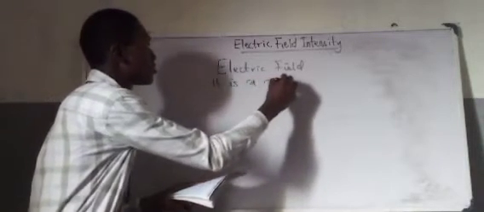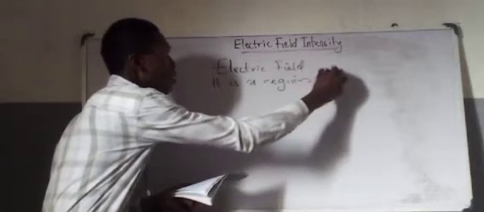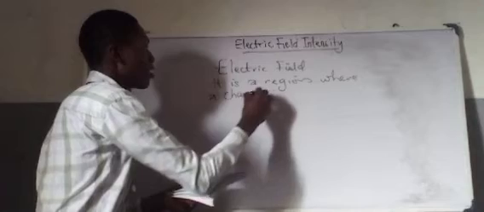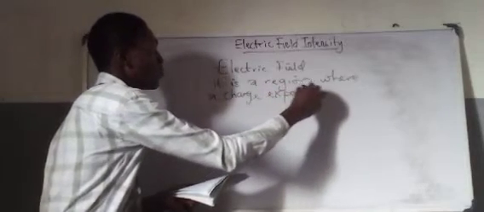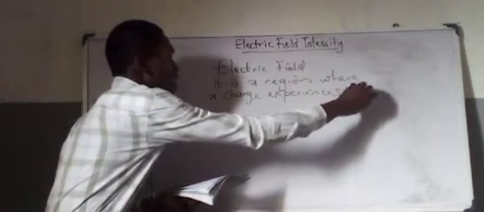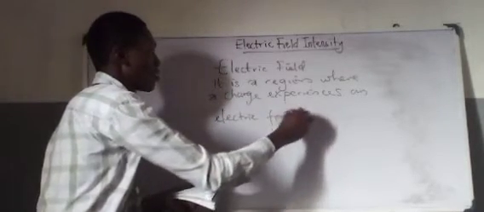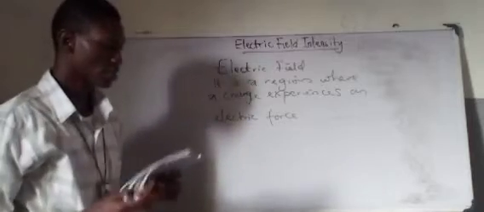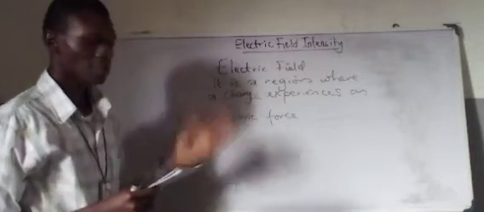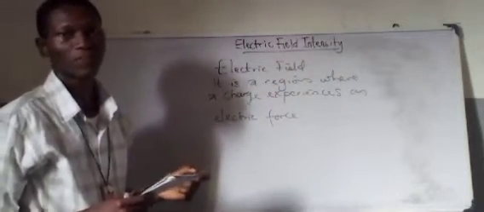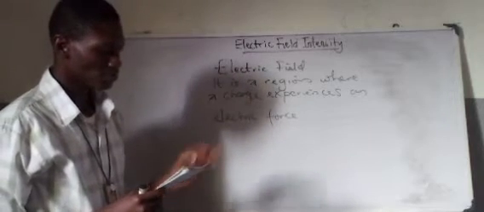So it is a region where a charge experiences an electric force. So that is what we refer to as electric field. Now, basically, when we talk about electric field intensity, we are talking about the extent of the electric field.